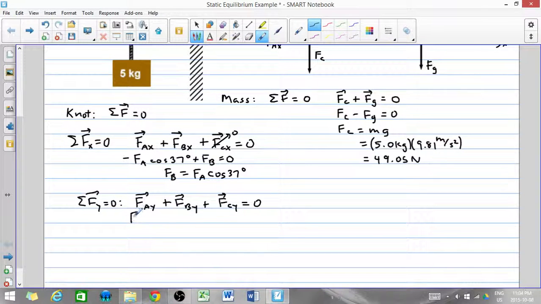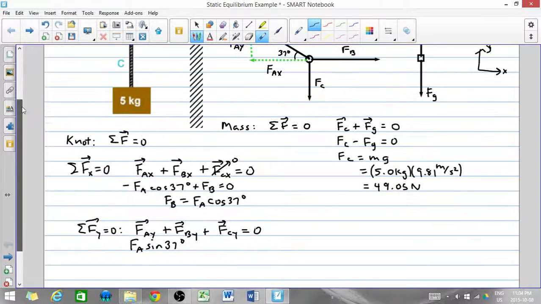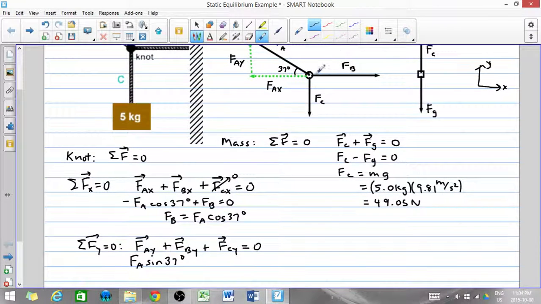So FA sine 37 degrees. Force B is all in the x direction. It has no y component, so it's gone. And then force C is along the y-axis. It is entirely y component, so we'll use negative because it's down, and we'll just substitute FC there.